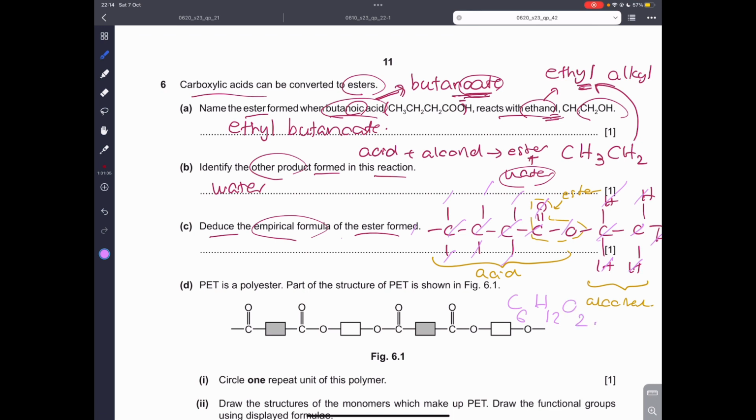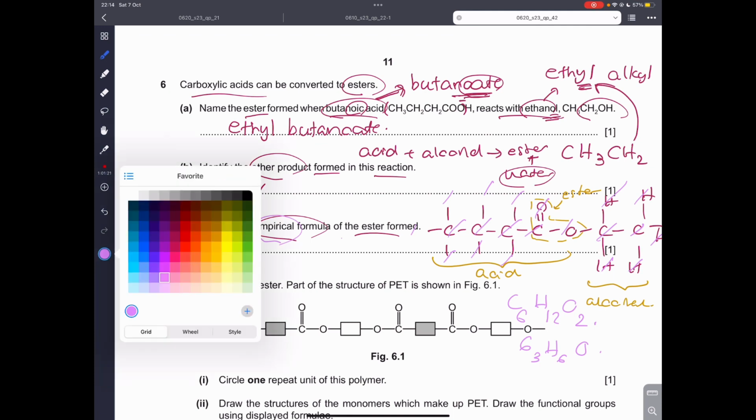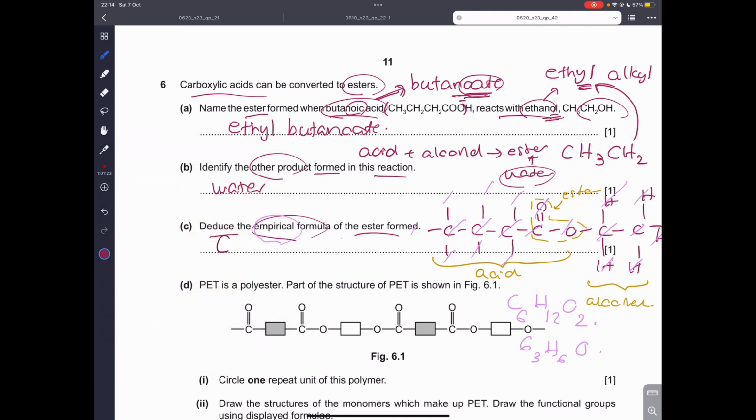Now, if we want to write the empirical formula, we have to divide it all into its simplest whole number ratio. So the formula is going to be C3H6O.